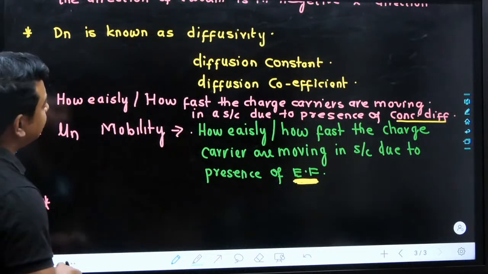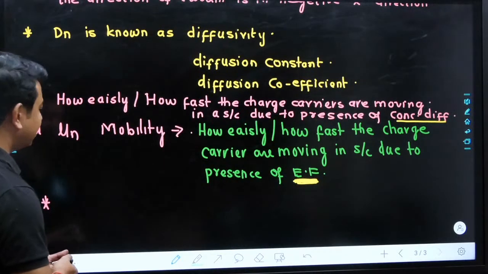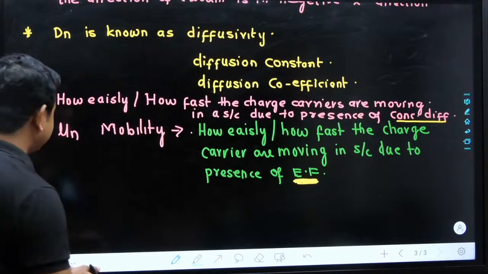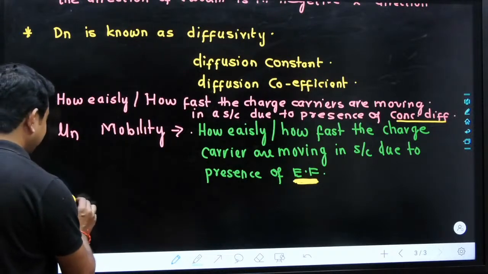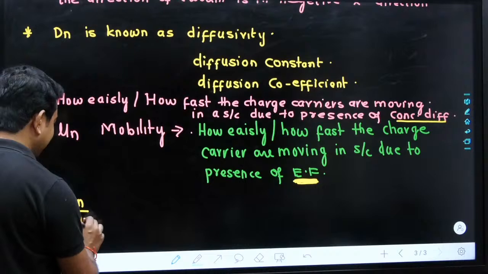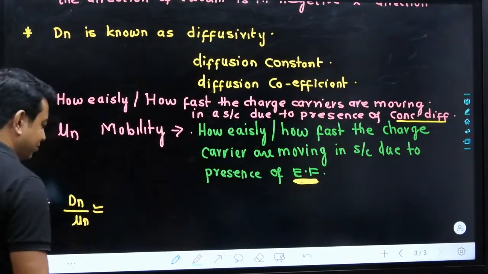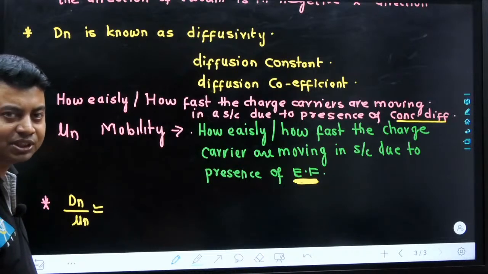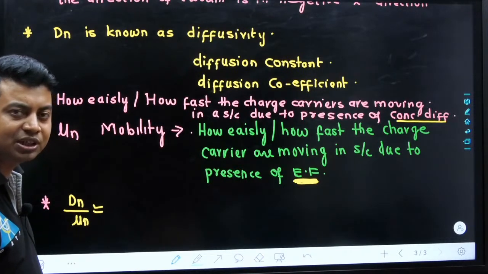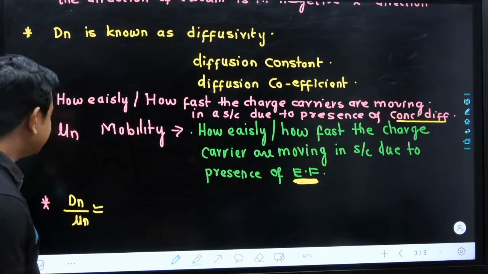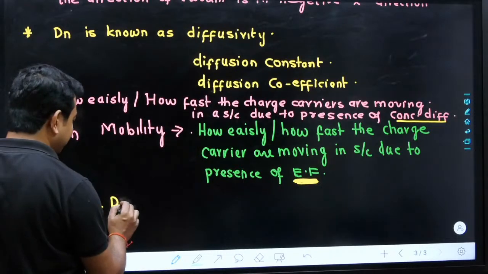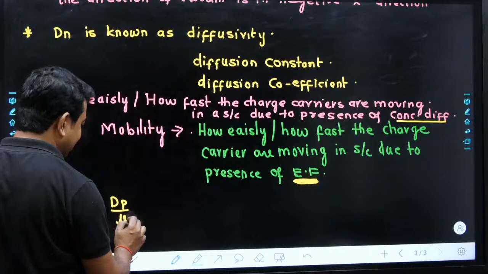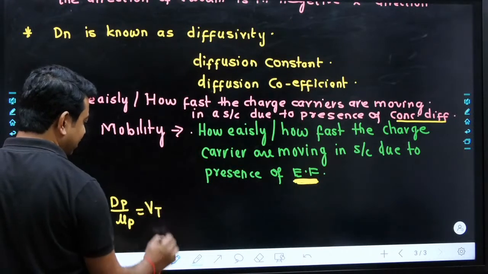So, we have a relationship between Dn and mu n. We can derive this also; I have some videos in which I have derived this equation, present on the YouTube channel of GATE Academy. So, Dn by mu n is equal to Dp by mu p, which is equal to Vt.